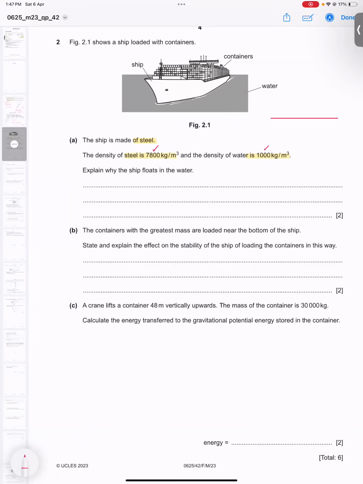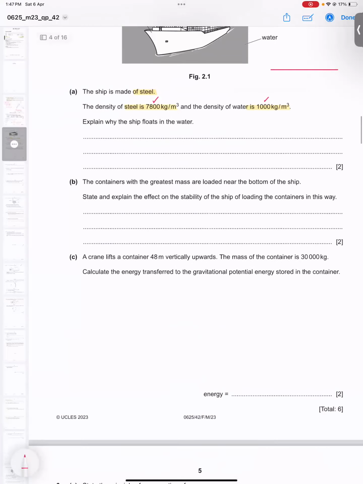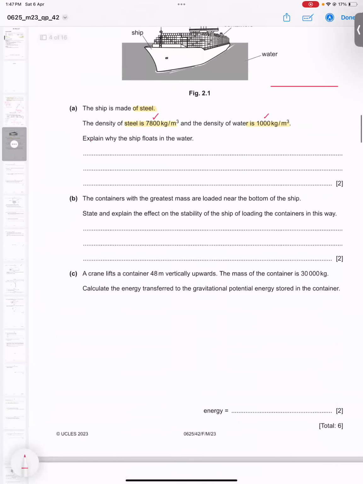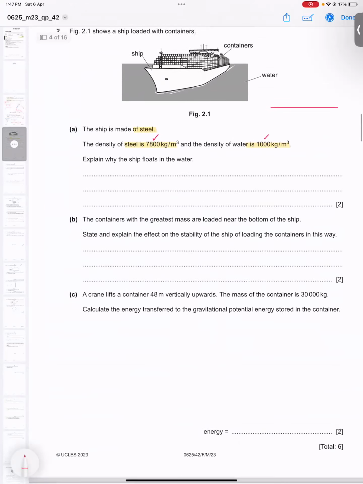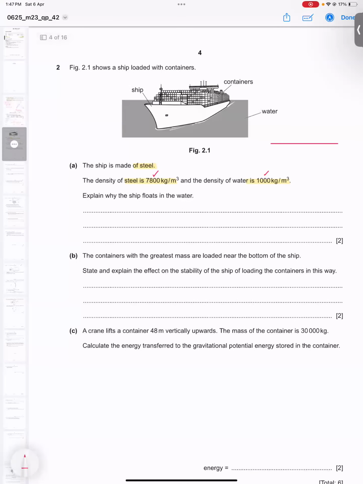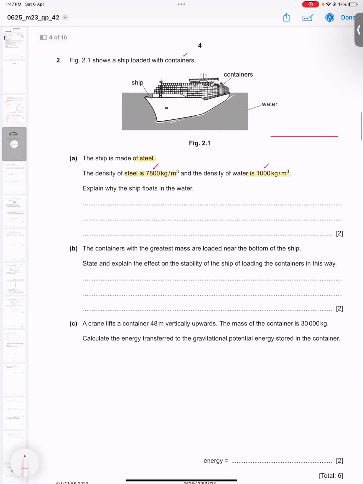It means density of steel is much greater than water, but still this steel boat is floating on the water. So what is the reason? The reason is that definitely this ship contains some luggage and containers and different contents. So if we talk about the overall density, then overall density is definitely less than density of the water.